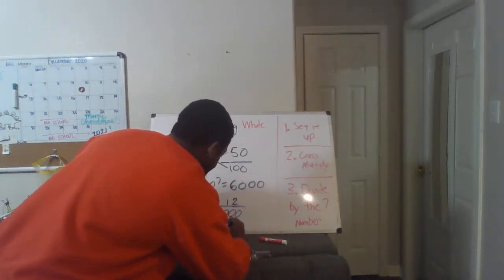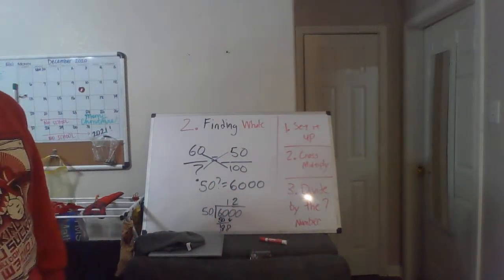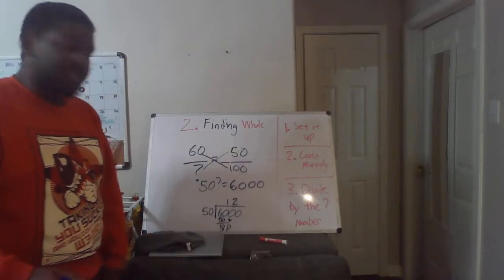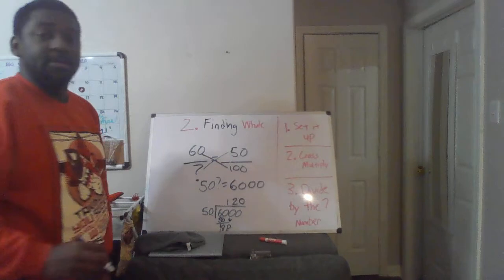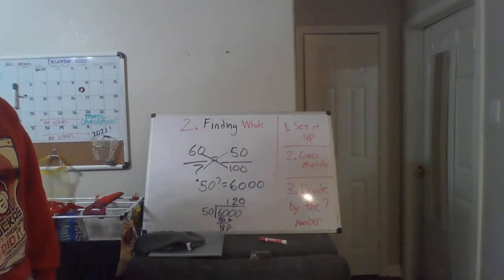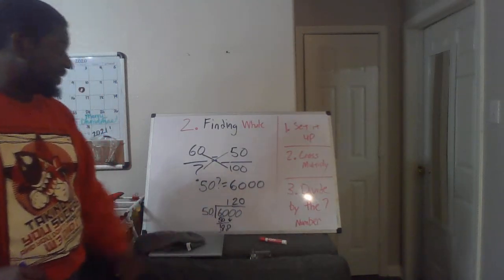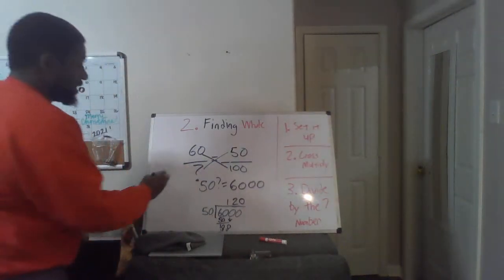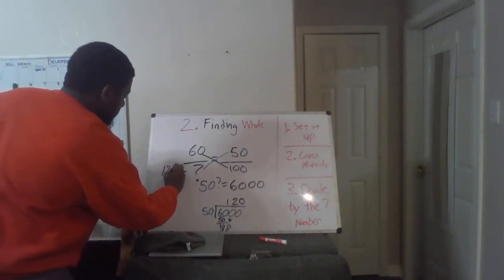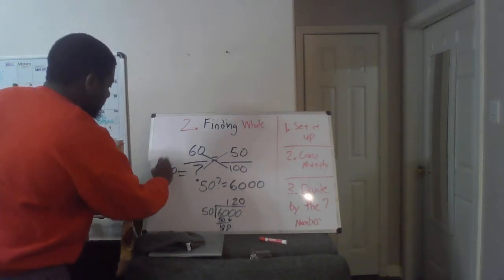That's 100. I'm out of space here, but 100 minus 100 is 0. I still have 1 0 left at the end, so I do need to put that in as well. 50 goes into 0 times. So 6,000 divided by 50 is 120, which means I actually had $120 in the bank.